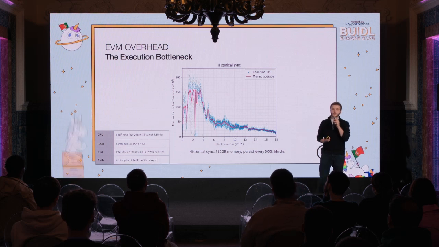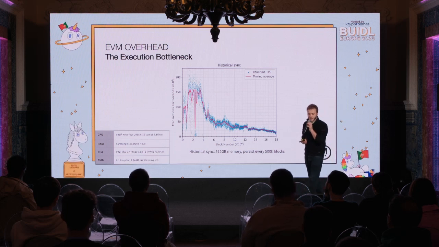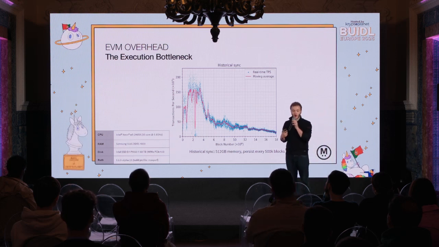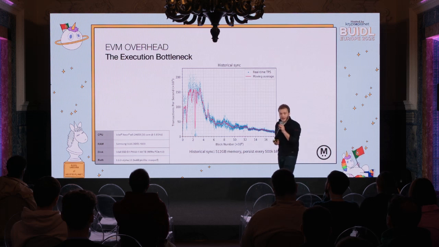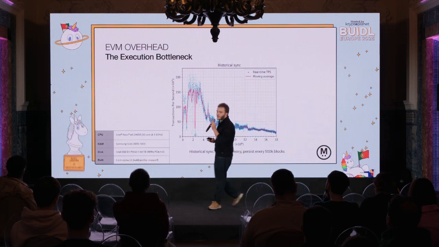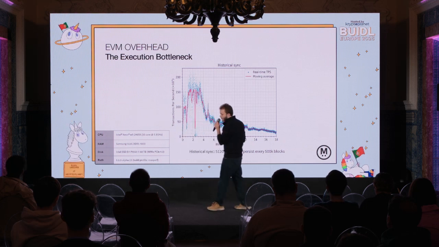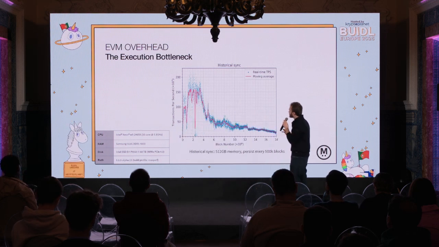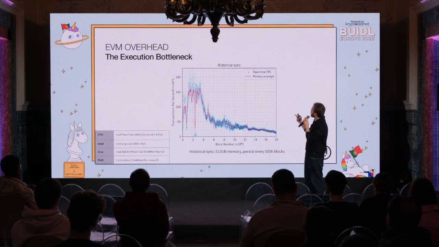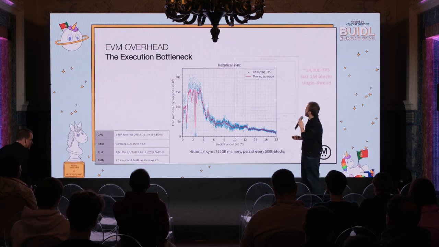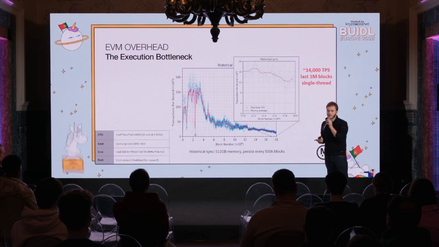In this first experiment, we ran historic sync using 512 gigabytes of memory and persisted changes every 500,000 blocks. This allowed us to focus on execution layer performance without database I/O distorting results. The graph shows throughput in TPS against block time. The blue dots are real-time TPS, and the red line is the moving average. Let's focus on the last 1 million blocks, as we think that's where you're going to have the most meaningful inferences.